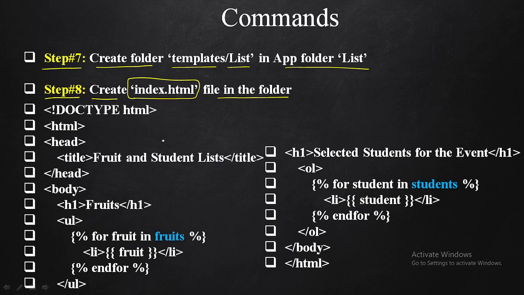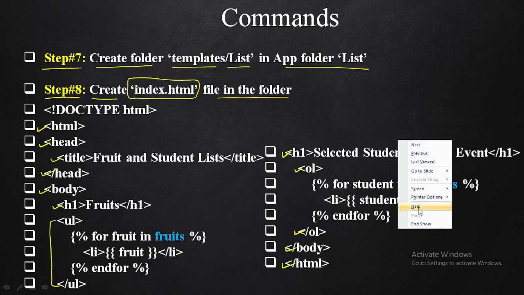If you see the code, this is HTML, head, title, head ends here, then body, here is a heading fruits, unordered list from here to here. Next is the heading selected students, ordered list ends here, body ends, HTML ends. So this is normal HTML code.